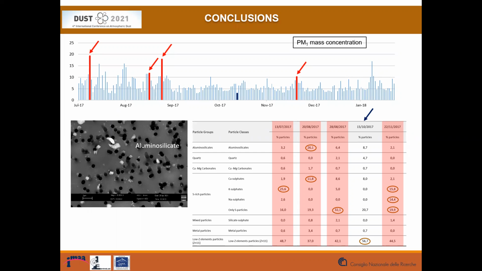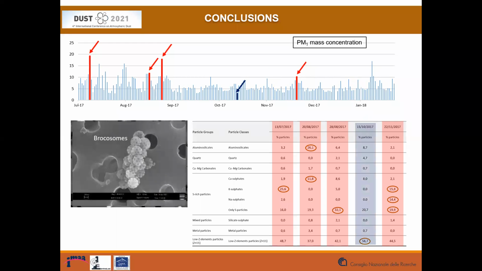On the contrary, in the sample with the lowest mass concentration, the particles are mainly related to phases with low atomic number elements, referable to ammonium nitrates, fresh soot, and phases of an organic and/or biogenic nature, considered representative of the background environment.